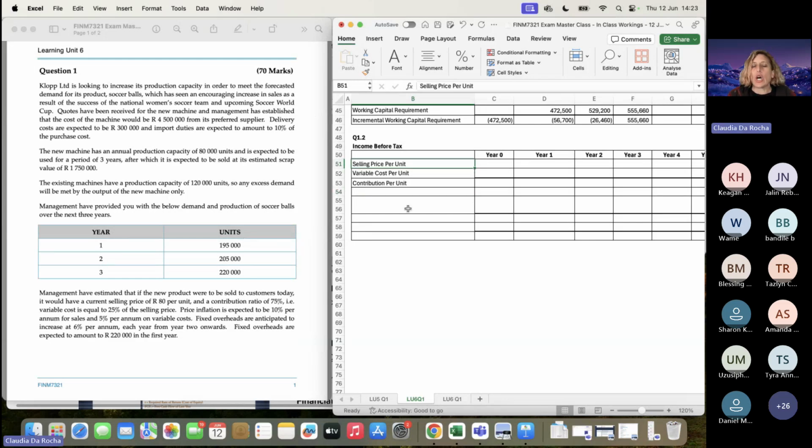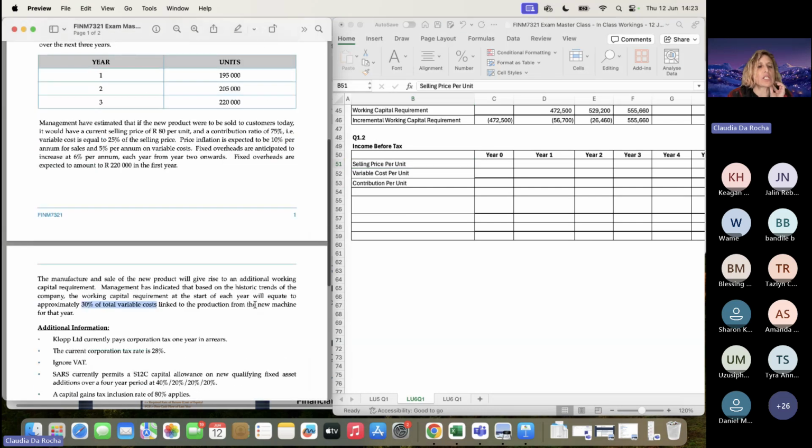With this income before tax, it hasn't really specified, but we need to limit it to the new machine only, because this decision is about what the new machine can do for us. It's looking to increase its production, and we want to understand that impact.